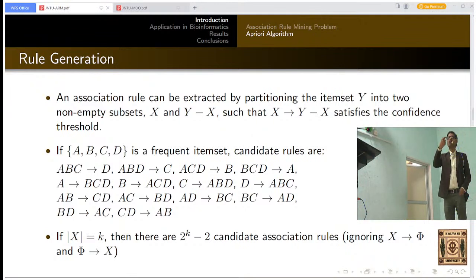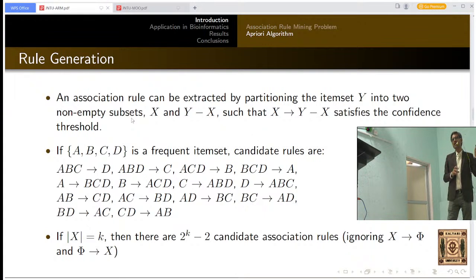To find the count of an item set, you have to access the actual data set. And many times the data set is so large that you cannot fit it in the computer memory, I mean in the RAM. Major part of the data set will reside in the hard disk. So you have to access the hard disk to compute the support value. So this will be time consuming.